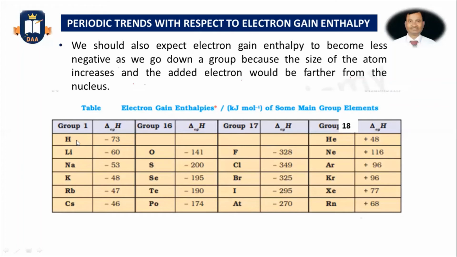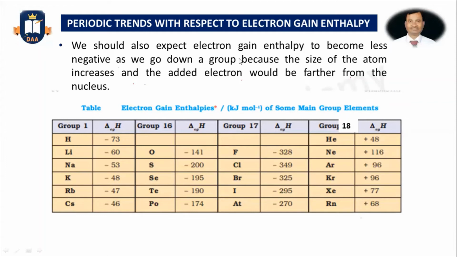from up to down in any group, and that's why the entering electron will be away from the nucleus. That means the attraction of that incoming electron will be less.